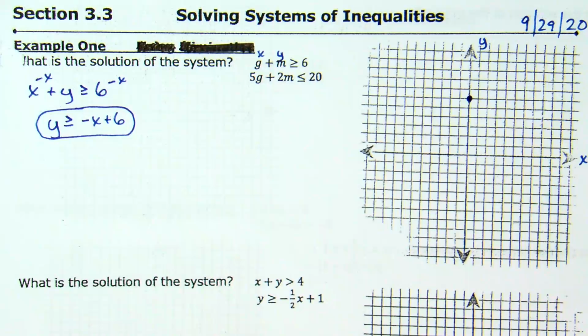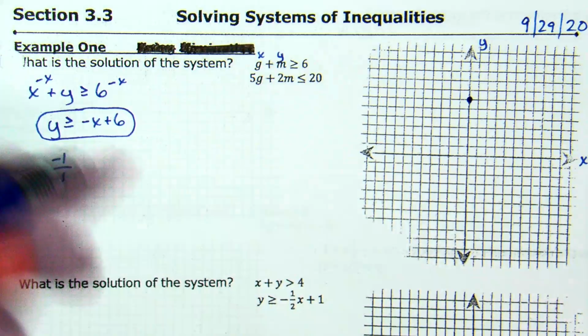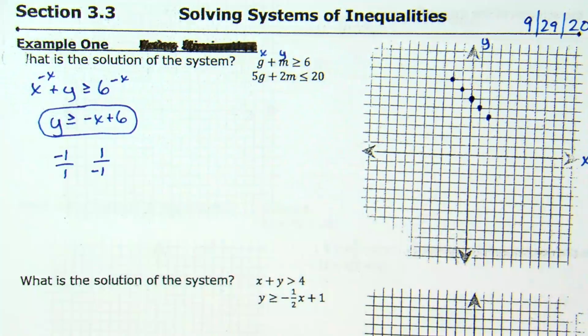Which way is over 1? I always assume if you don't specify, over 1 is going to be right 1, but just specify. If you think of this slope as negative 1, negative 1 over 1, that is down 1, right 1. If you prefer, you could also reverse it and go up 1, left 1, because that is the same thing.